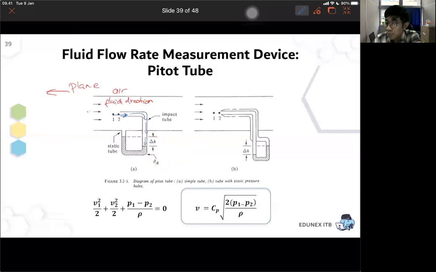It will be pressing the liquid, and after some pressure is given, the liquid will be in a static position, showing the pressure difference between point 1 and point 2. Because here it is also flowing air, right?